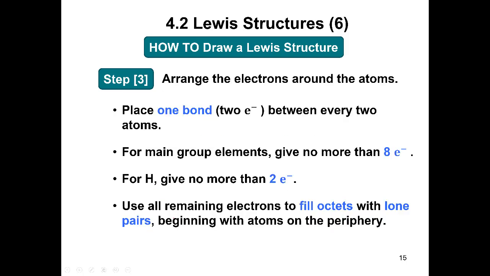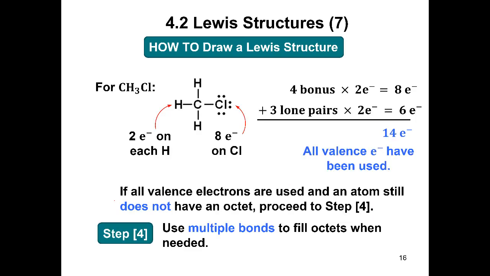You place 1 bond between every atom and the next atom. For the main group atoms, you can't have more than 8 electrons, and for hydrogen, you can't have more than 2 electrons. Then you use all the remaining electrons to fill the octet with lone pairs, beginning with the atoms that are on the outside, not the center atom.